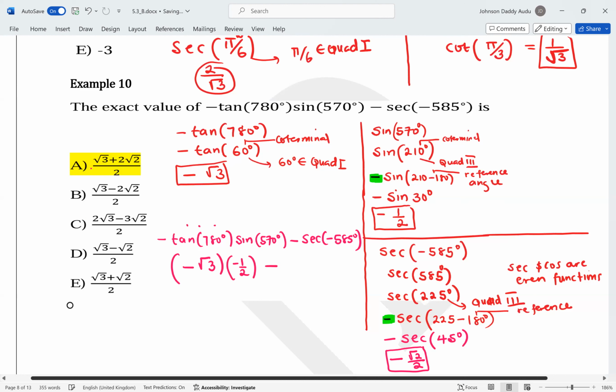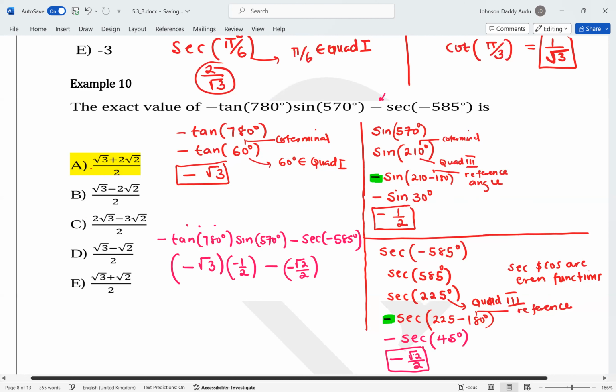And here, we took only sec, and it gave us minus. So sec of this is minus root 2 over 2. There is another minus here, because there is a minus here, right?